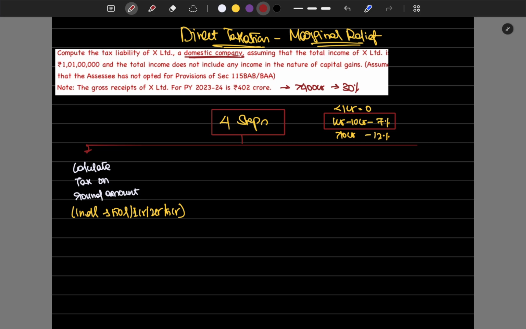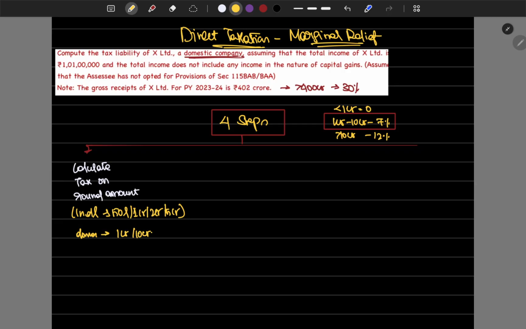We have to check the marginal relief amount and what the actual tax liability will be after considering it. For individuals, which includes AOP, BOI, AJP, everything, we found the round amounts. For domestic companies the round amounts are 1 crore and 10 crore. If they cross 1 crore, they pay 7 percentage surcharge. If they cross 10 crore, they pay 12 percentage surcharge on the first level of tax income.